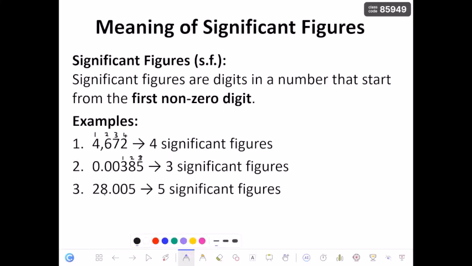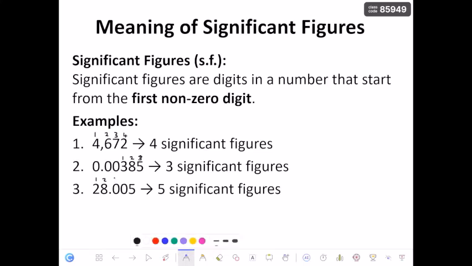Then look at 28.005. It's a 5 significant figure number because this 2 is a non-zero. So this 2 is the first significant, followed by 8, which is the second significant, followed by 0, which is the third. Let me erase this.